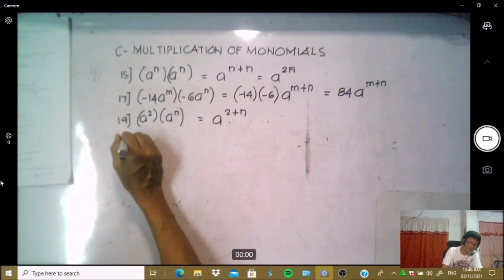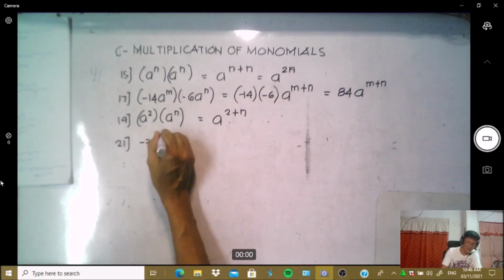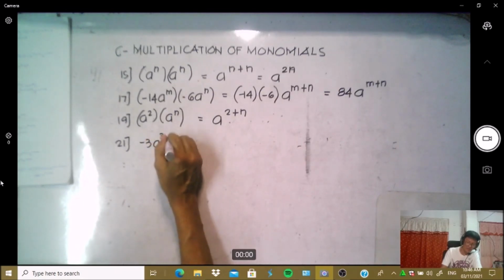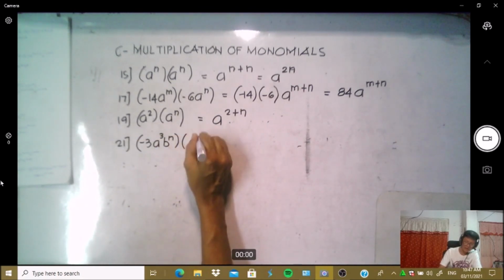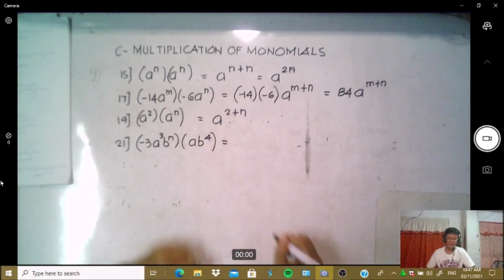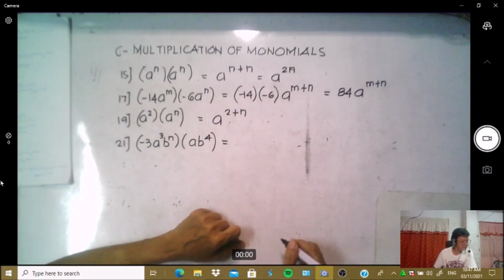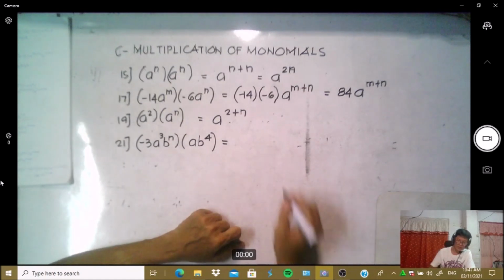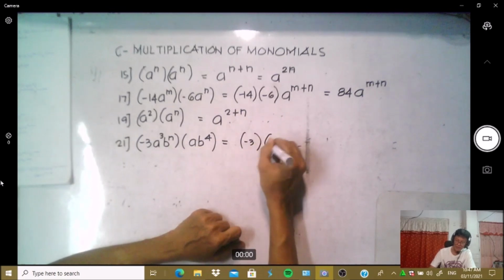Okay. For number 21, we have negative 3 A cubed B raised to N, then we have A B raised to the 4th. So we have to multiply the coefficient first, negative 3 multiplied by 1.